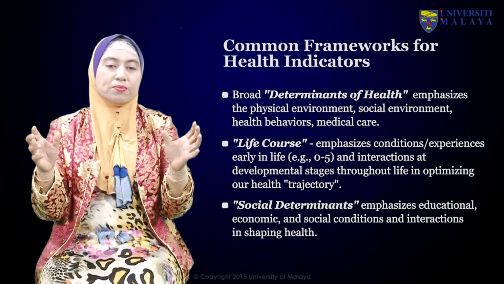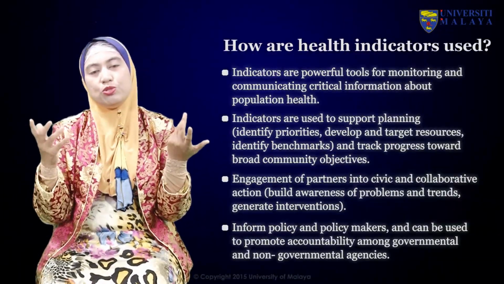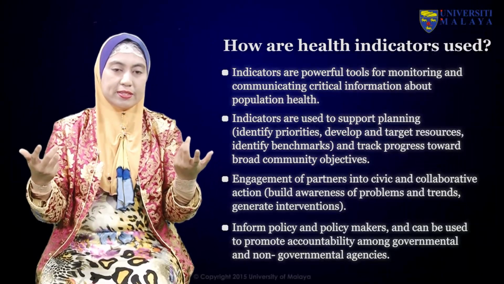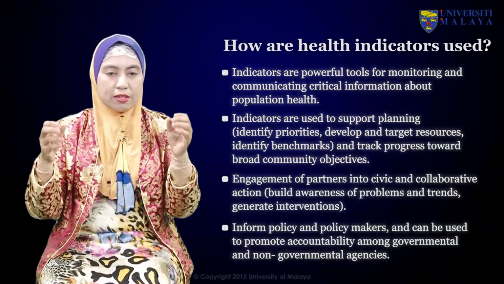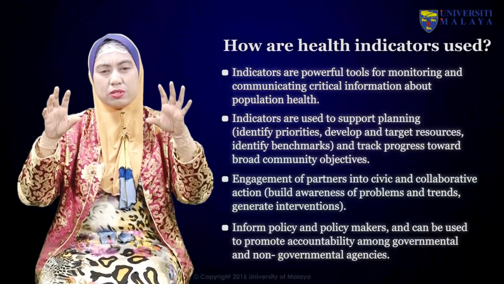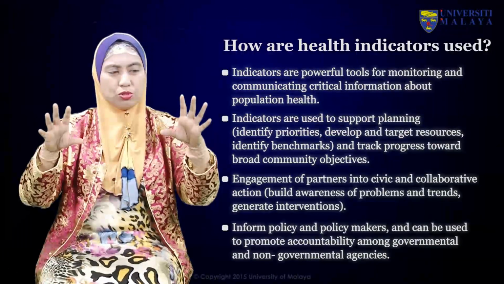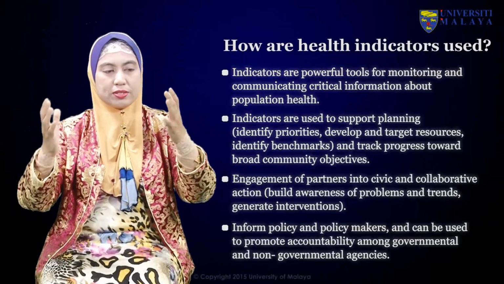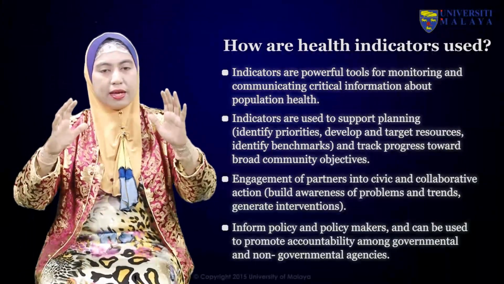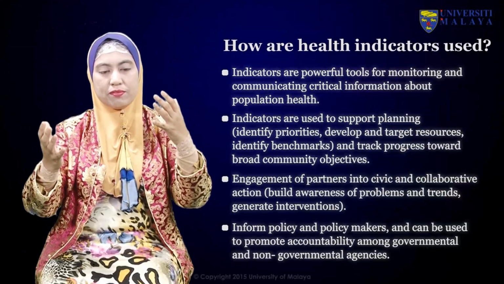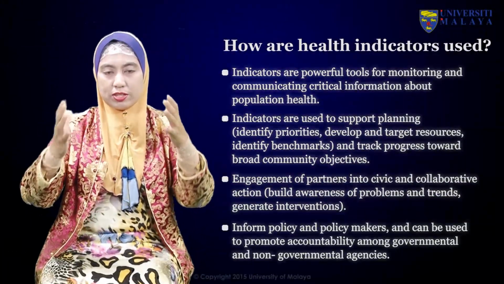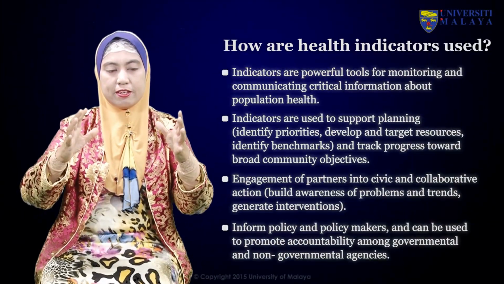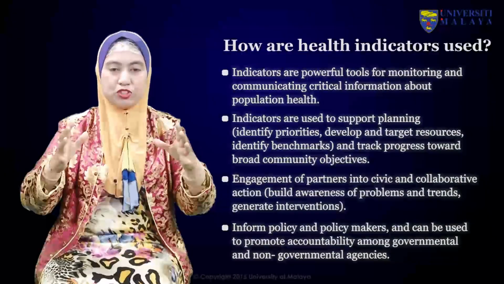So how do we use these 2, health indicators and social indicators? Because they are powerful tools, they cannot stand alone. They have to reflect each other and communicate, and we have to adjust if needed in order to get the best quality of health in one population.